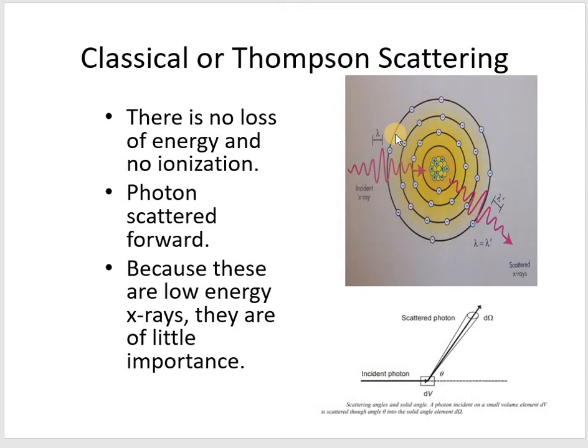This electron absorbs energy from the X-ray and scatters it in a different direction. In particular, for Thomson scattering, the wavelength of the scattered wave is the same as that of the incident X-ray.